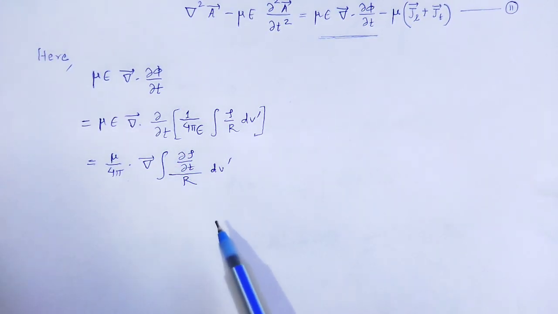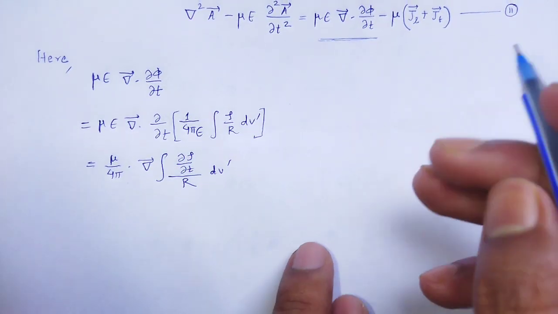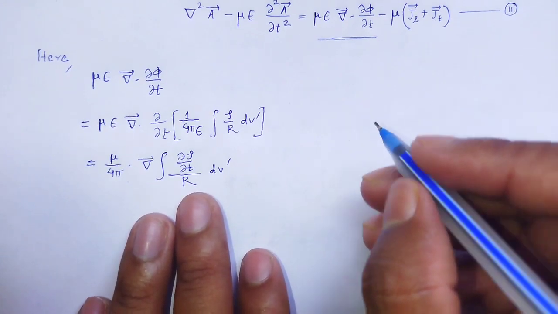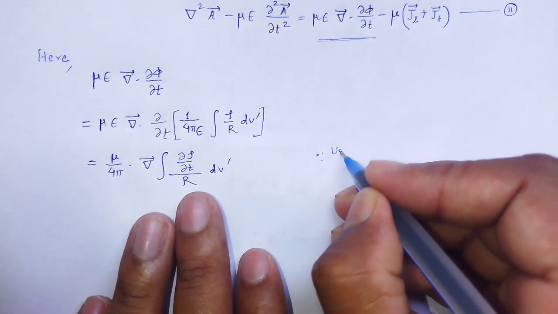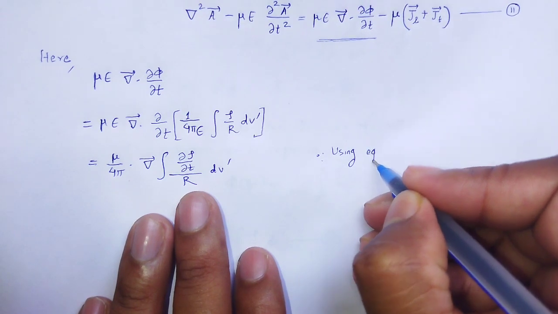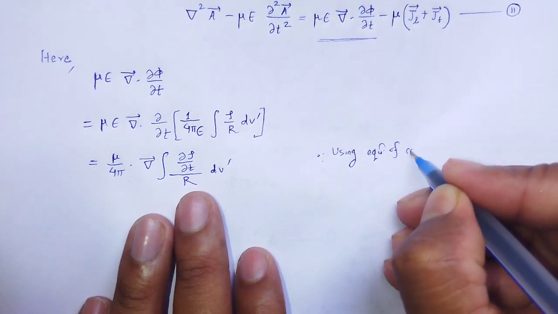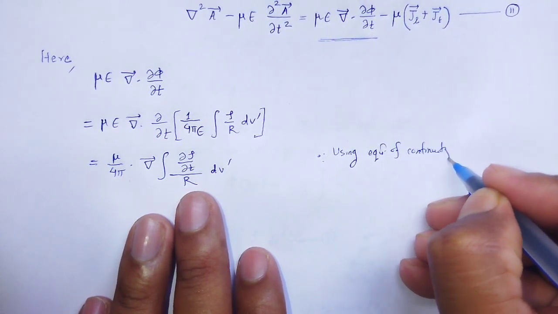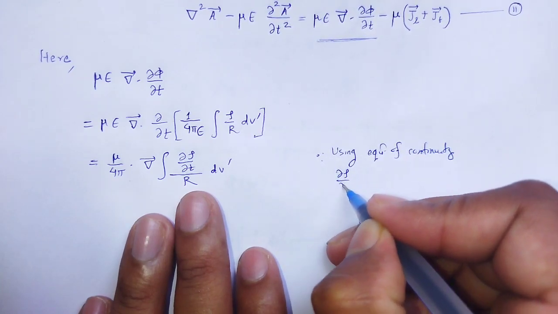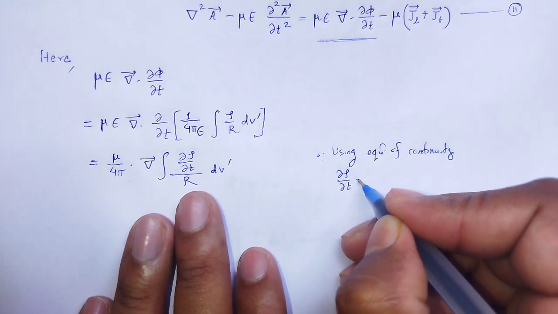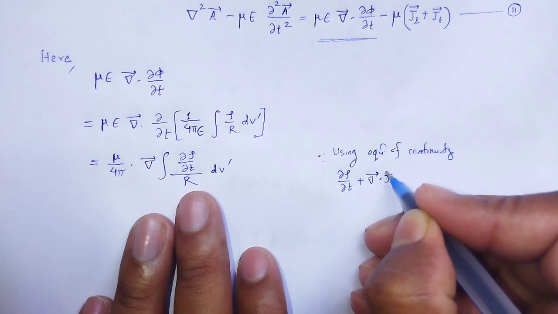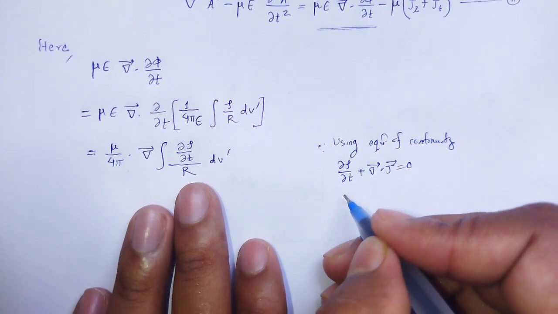Del rho by del t can be calculated by using the equation of continuity. Using the equation of continuity, del rho by del t plus grad dot j is equal to 0.